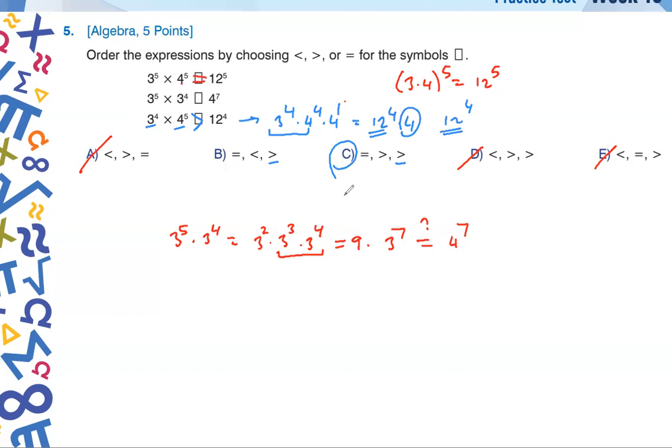So choice C should be our answer. And if you don't come up with that, you can just multiply because these are not too big numbers. 3 to the 5th and 3 to the 4th is something we can handle by writing, but just try with a calculator, okay? So that was number 5.